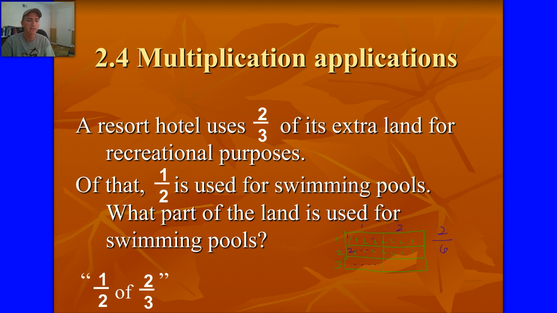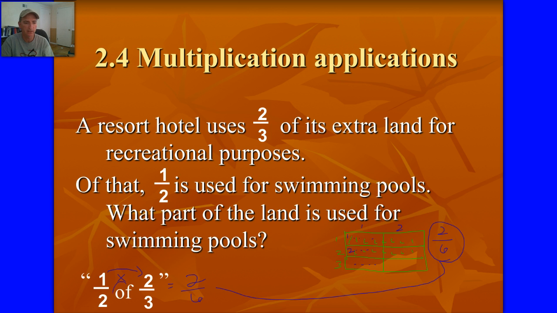Okay, so basically you have 1/2 of 2/3. Now here's a trick for you. Usually in math, the word of means to multiply. So if you multiply 1 times 2, you would get 2. 2 times 3, you would get 6, which is what we came up with in our picture there.